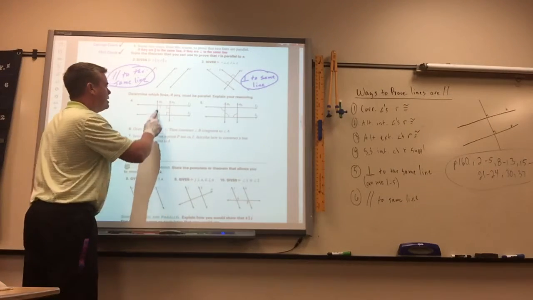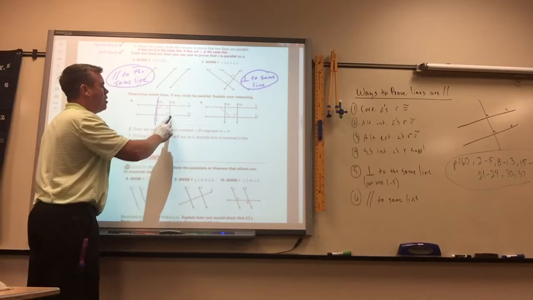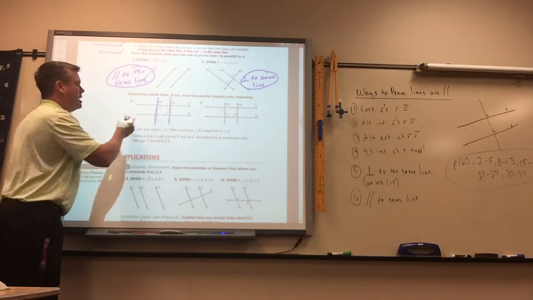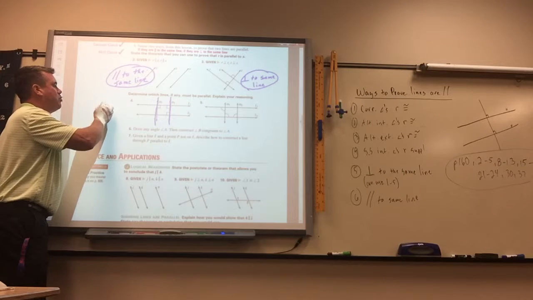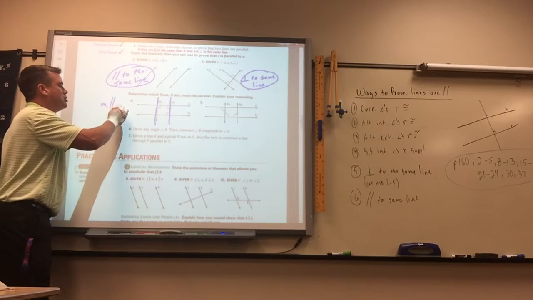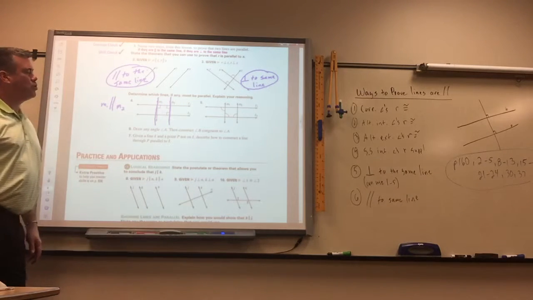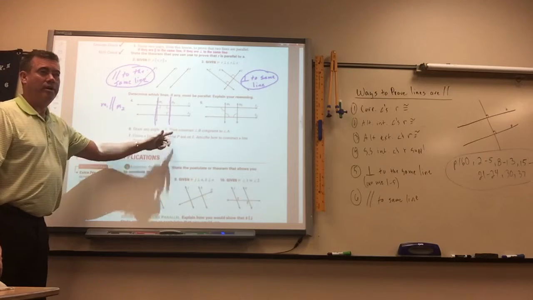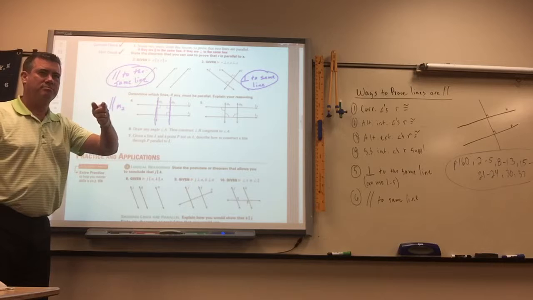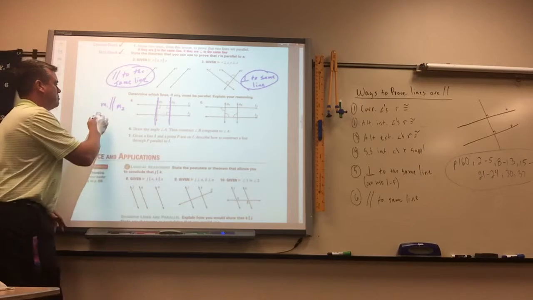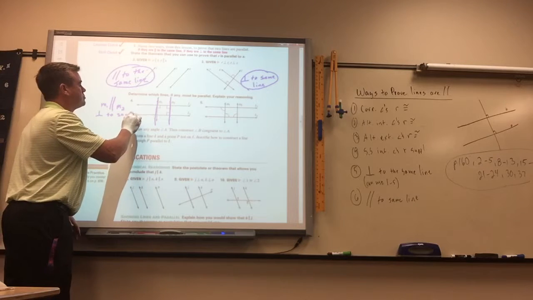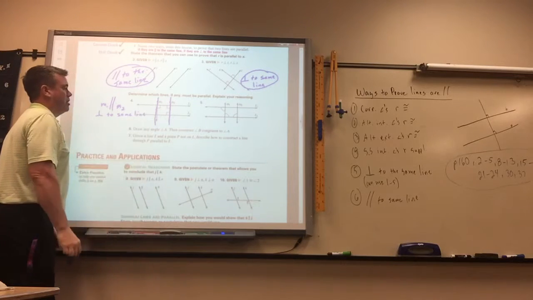So if we look at these two lines, M1 and M2, are they parallel? Yes, they are. So your answer is M1 is parallel to M2, and then you gotta put the reason why. And what is it? Perpendicular to the same line. Would you put the other ones too? Yep, that's only part of your answer.